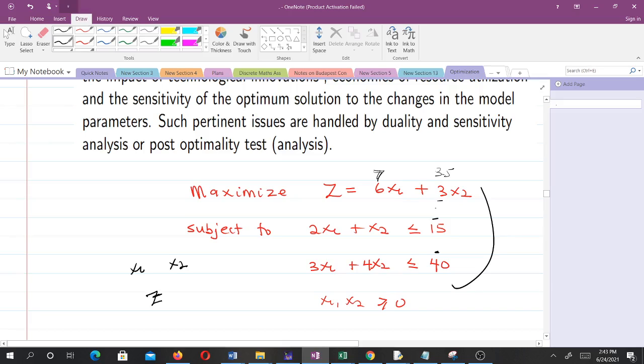It is such issues that we mostly address using duality and the sensitivity analysis, mostly the sensitivity analysis. When we do that in our next video, it will give us a range where we can vary these parameters and we'll still get an optimum solution.